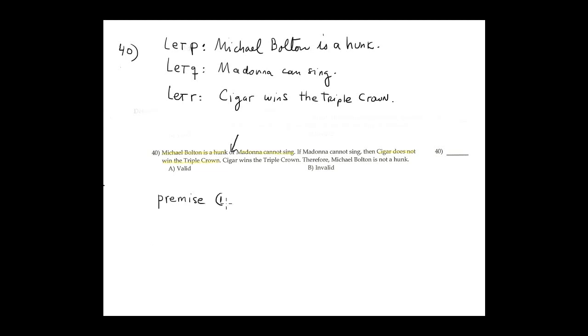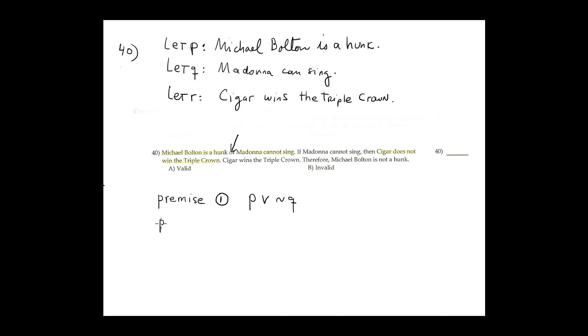Premise 1 is Mike Bolton is a hawk, P, disjunction, because it's or, Madonna cannot sing, and negation Q, because Q is Madonna can sing and this is a negation.